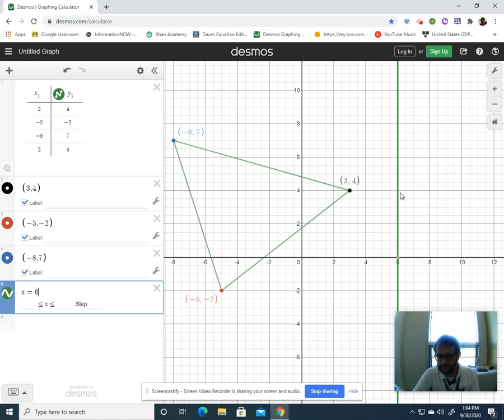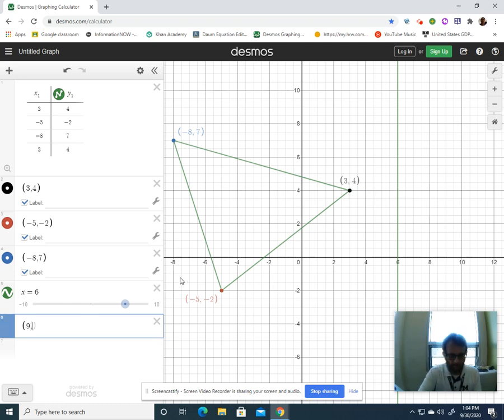That's 3 units. So we're going to be 3 units on the other side. So the y value will not change, but the x value is going to go to 9 because 9 is 3 units on the other side of 6. So this is 3 units, that has to be 3 units.